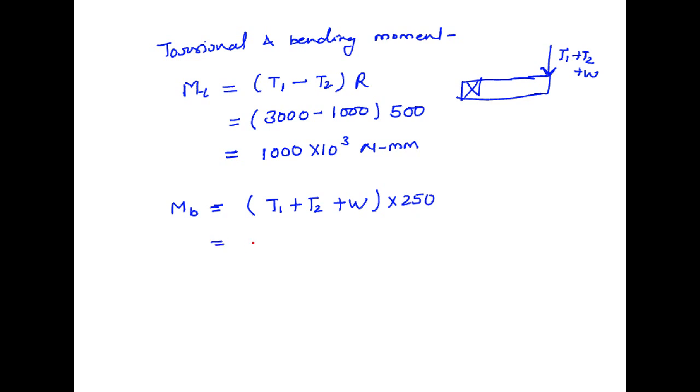So this will be 3000 plus 1000 plus 500 into 250. So the total value of MB will be 1125 into 10 to the power 3 Newton mm.